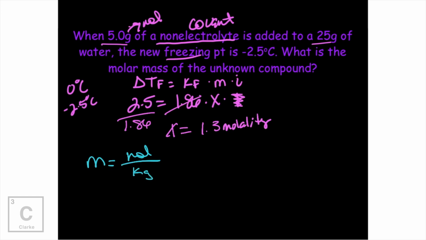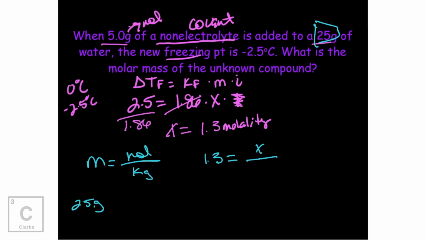Okay, so we have our molality. I'm going to put that in the molality spot, 1.3, equals moles of solute. We don't know that, but we do know kilograms of solvent. Well, we don't know kilograms of solvent. We have grams of solvent. So if we have 25 grams, remember there's 1,000 grams in a kilogram. That's 3 zeros.